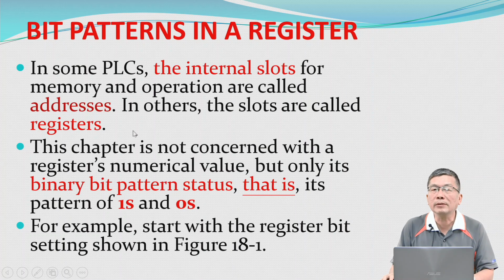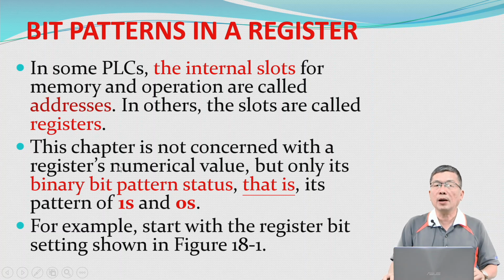In some PLCs, the internal slots for memory and operation are called addresses. In others, the slots are called registers. This chapter is not concerned with the register's numerical value, but only its binary bit pattern status, that is, its pattern of ones and zeros.